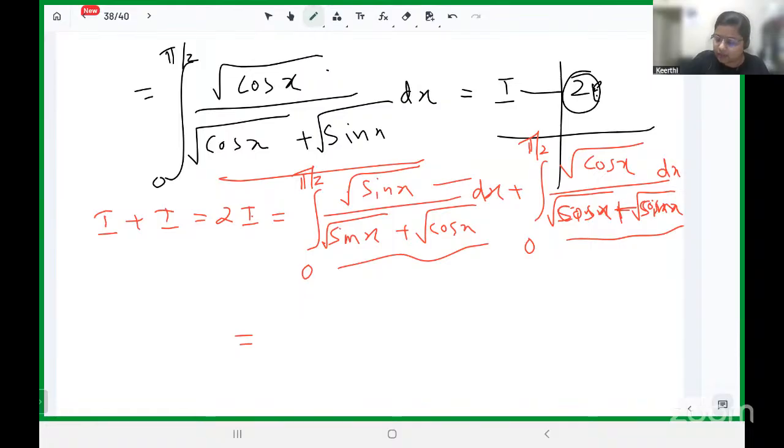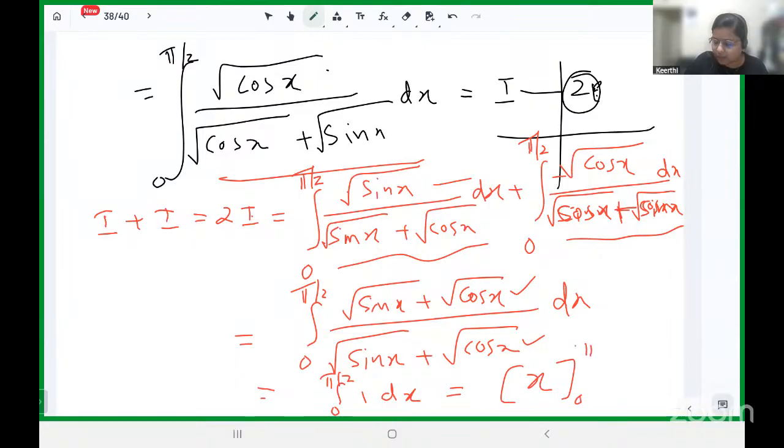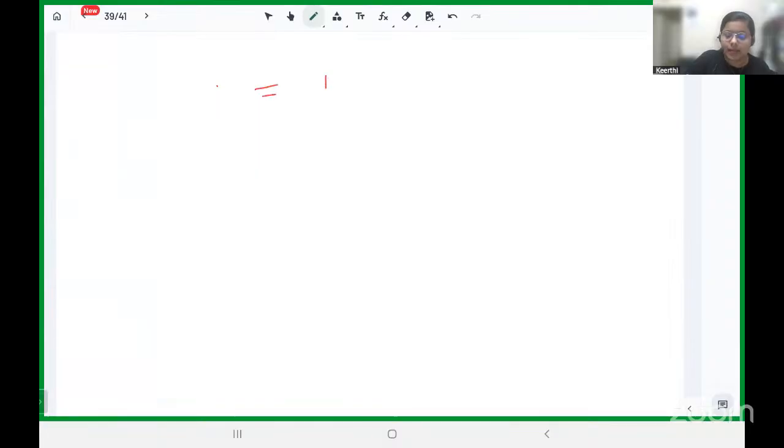Since it is addition and the denominators are the same, we can add the numerators. So you will get integral 0 to pi by 2 root sin x plus root cos x divided by root sin x plus root cos x. The numerator and denominator are the same, so this is integral 0 to pi by 2 of 1 dx. Integral 1 dx is x, so x from 0 to pi by 2.